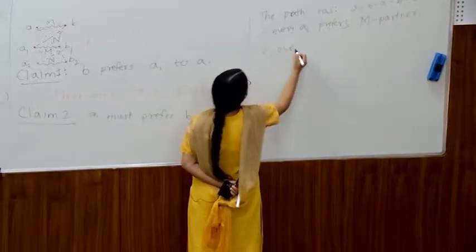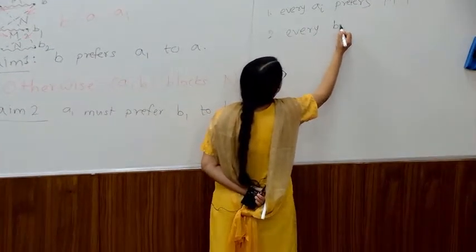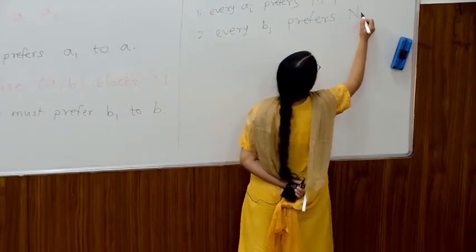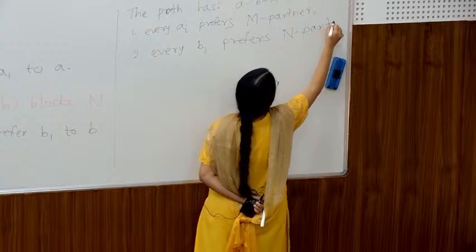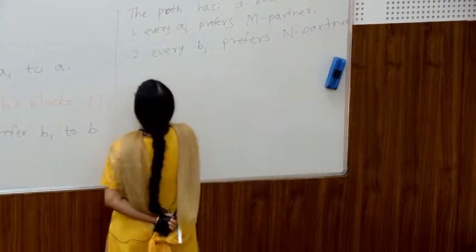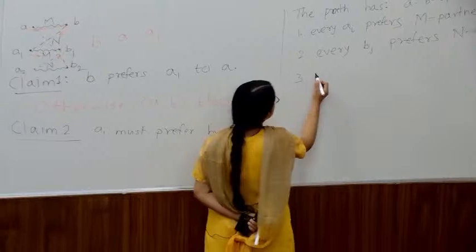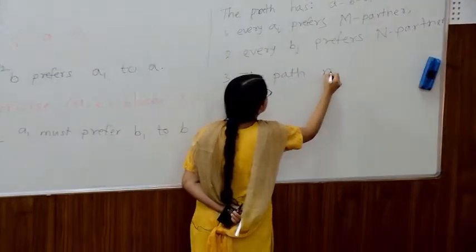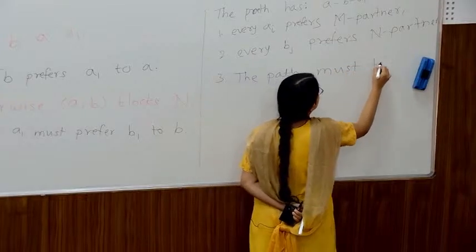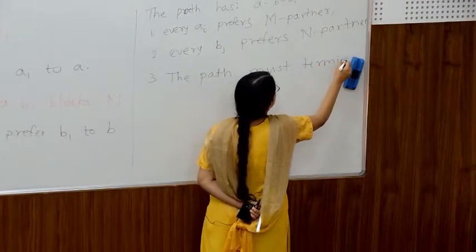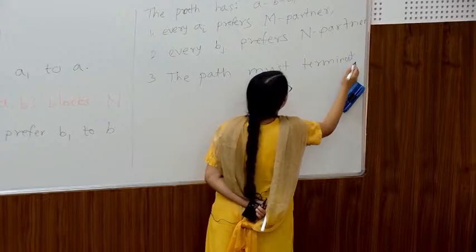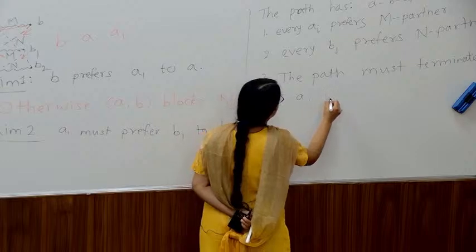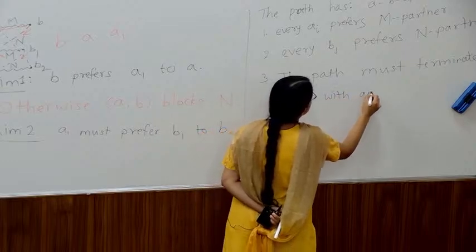Secondly, every Bj prefers the N partner. And the path has to cycle back. The path must terminate at A with an N edge.